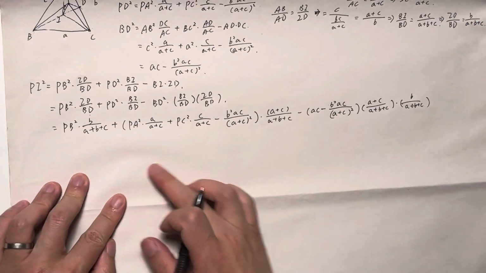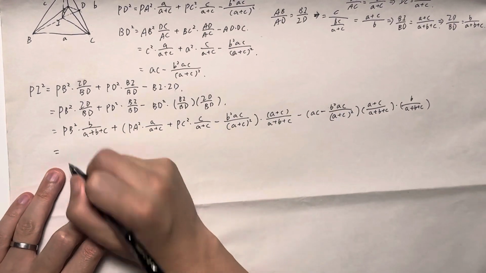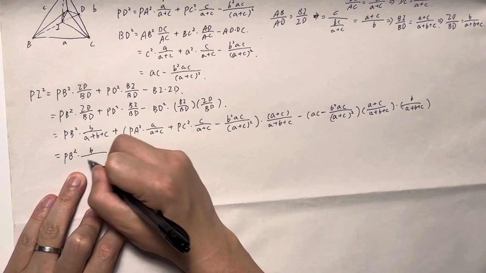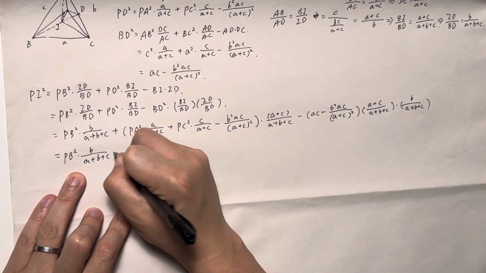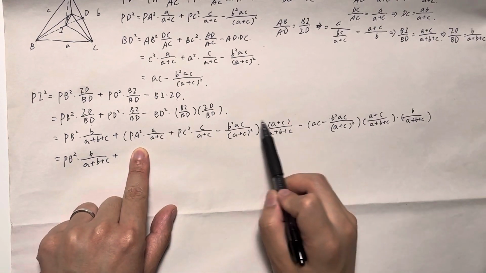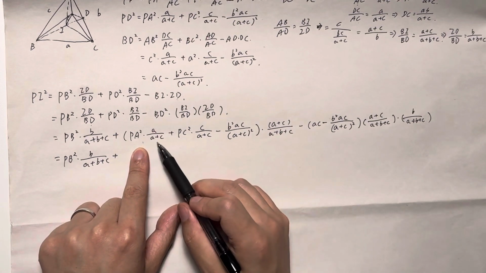We get this long equation here, and it equals PB squared times B to A plus B plus C plus. Notice that these two terms, the product of these two terms, AC, are cancelled.